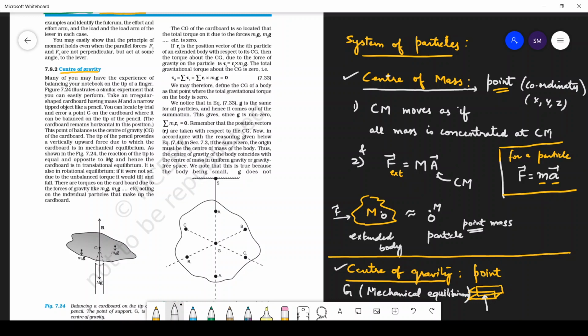Center of gravity means the point at which, when you are balancing that object on the tip of your finger or on the tip of your pencil, that point of support is the center of gravity. So we have complete mechanical equilibrium. So it's so simple now. You have understood both center of mass and center of gravity?